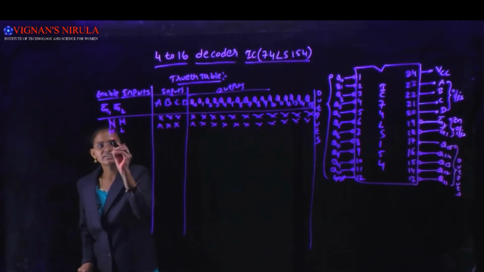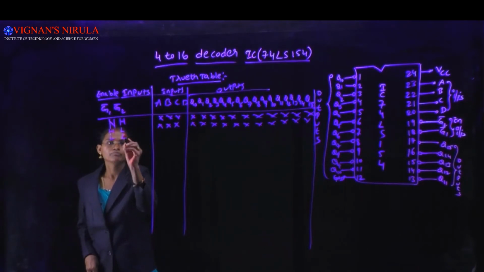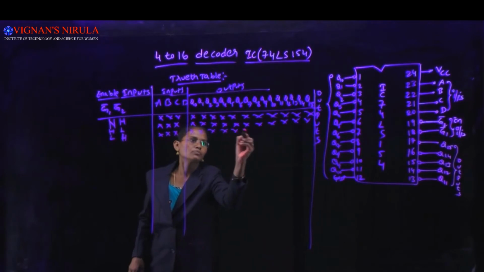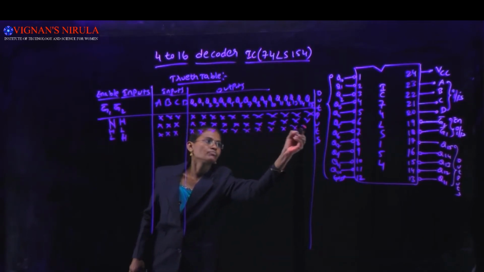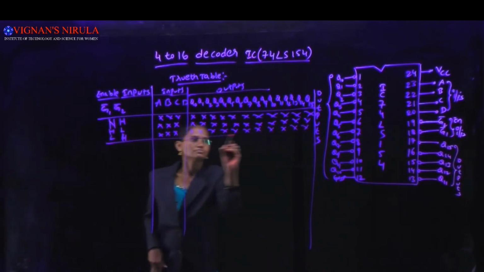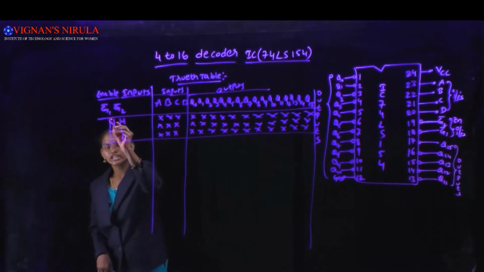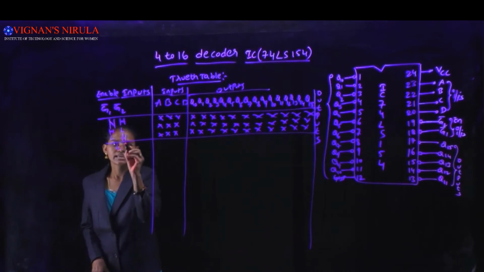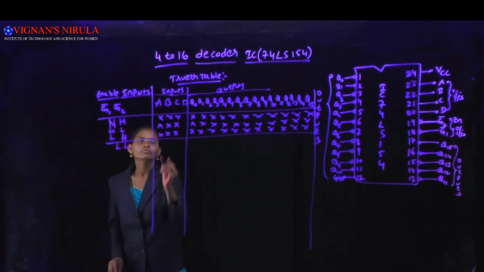And next G1 is low and G2 is high. This case also does not perform in the IC. These are the combinations. And here G1 bar and G2 bar are low, that is LL. L means low.